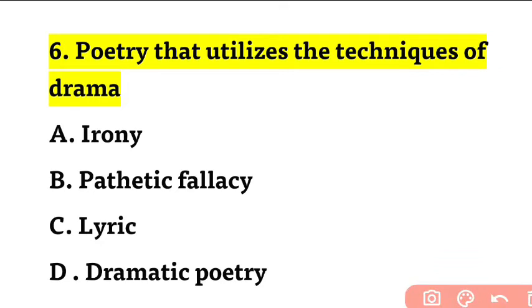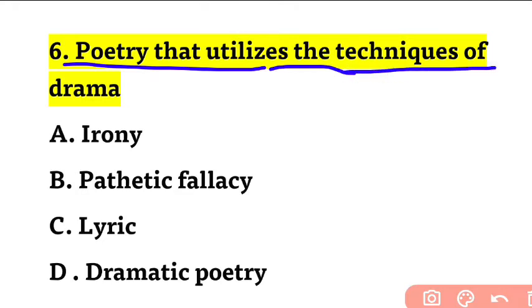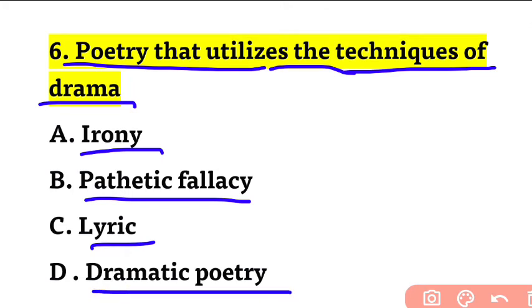Next question. Poetry that utilizes the techniques of drama. Options: irony, pathetic fallacy, lyric, dramatic poetry. What will be the answer?